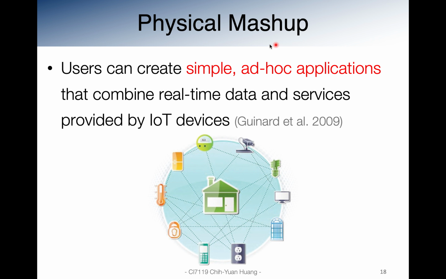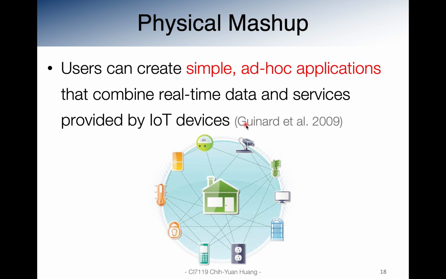The definition of the physical mashup is over here. Basically, users can create simple ad hoc applications by combining the real-time data and also the services provided by IoT devices. In other words, the physical mashup is basically combining the sensing capability and tasking capability from different IoT devices together.